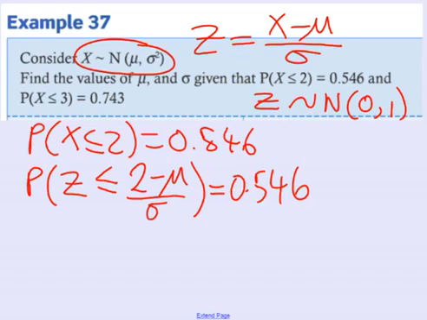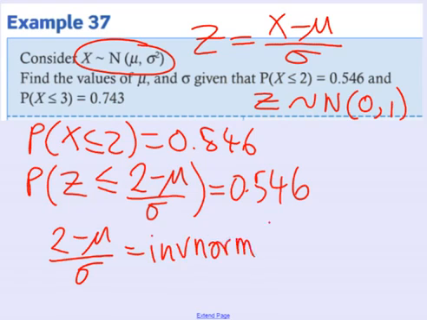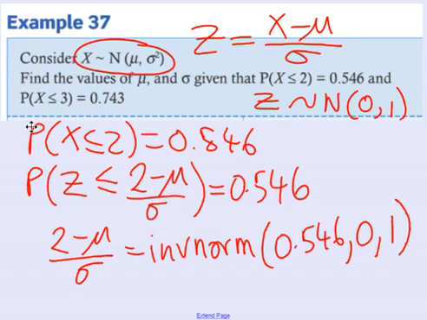Therefore, (2 minus mu) over sigma is inverse normal 0.546. That's the definition of inverse normal. It works when the inequality is less than or equal to.